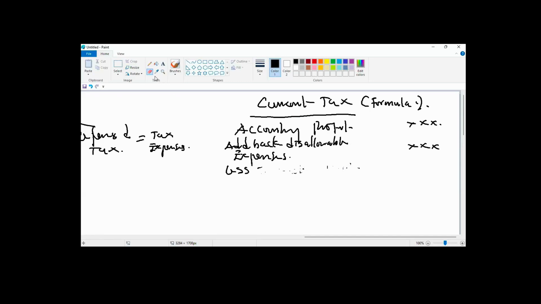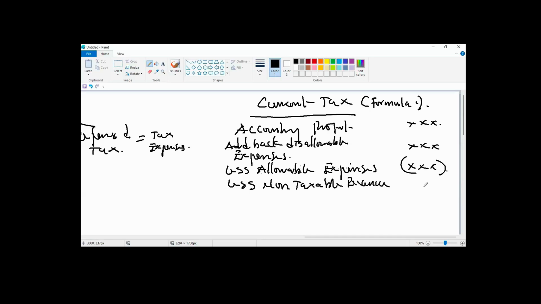Immediately that is less, I will also less not taxable revenue, not taxable because it has suffered tax initially, just as dividend. This will now give me taxable profits.